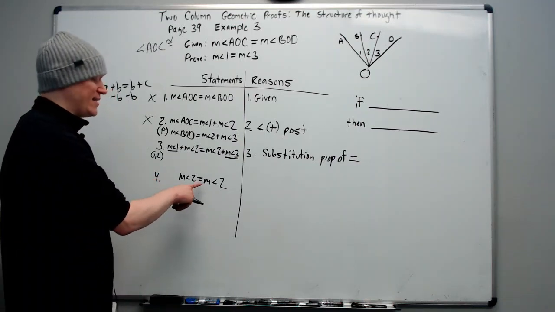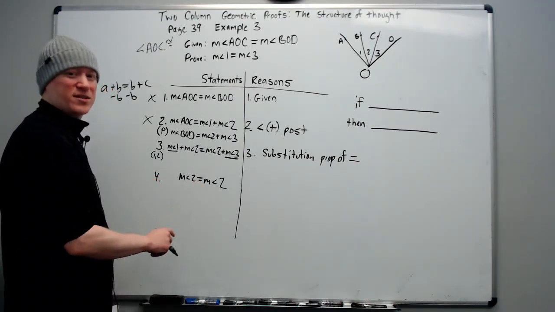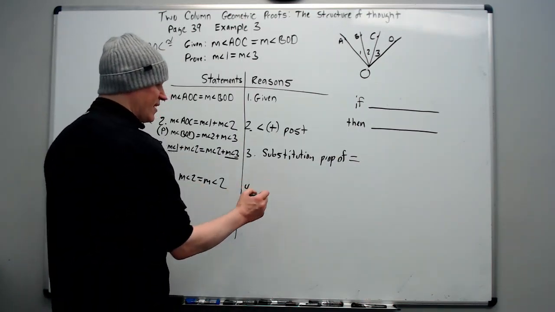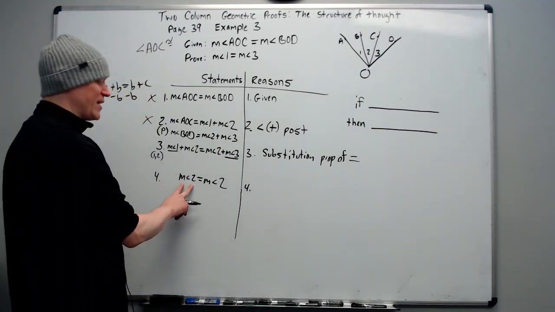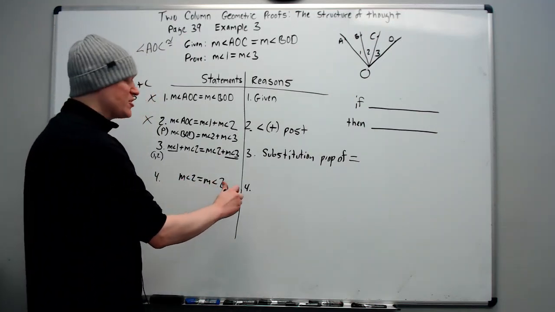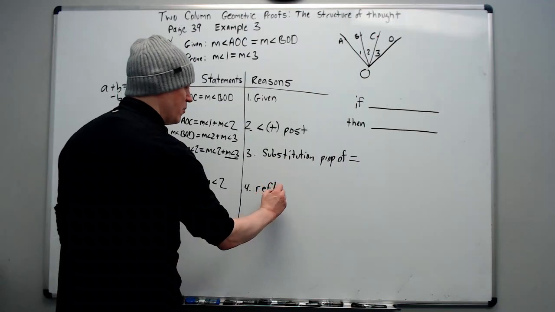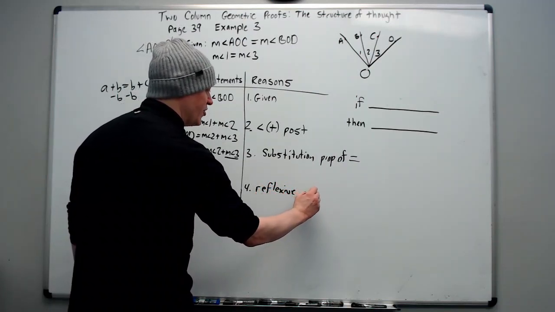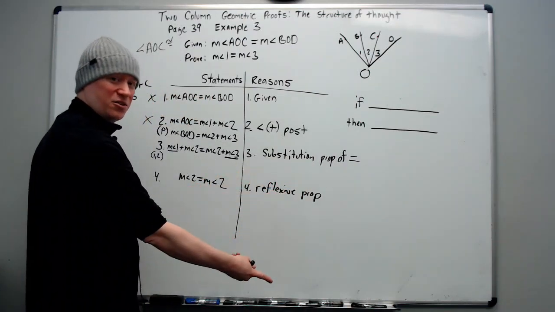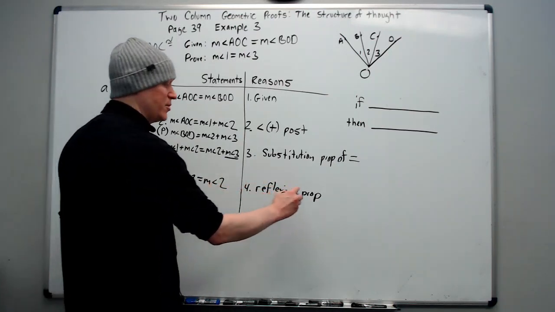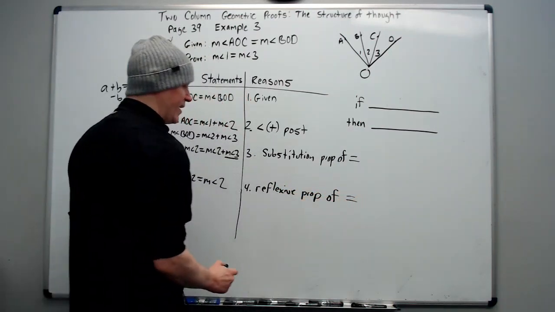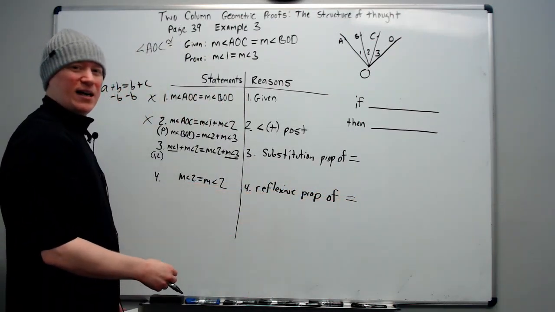I don't know many teachers that don't make you show this 4th step. And then the reason that you would give, whenever you say something is equal to itself, is the reflexive property. If you're using a congruent symbol, it's of congruence. If you're using an equal symbol, it's of equality. So reflexive property of equality.